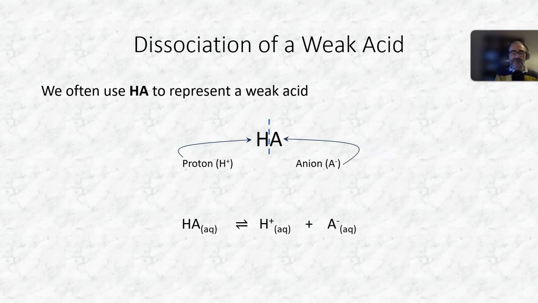So the reversible equation for the dissociation is HA aqueous gives H+ aqueous plus A- aqueous. So that's HA, the undissociated, unionized acid molecules, giving us the ionization products of H+ ion and A- the anion. If you're watching rather than listening, you'll see that the reversible arrow symbol, the bidirectional arrow, is there to show that this is a reversible reaction.